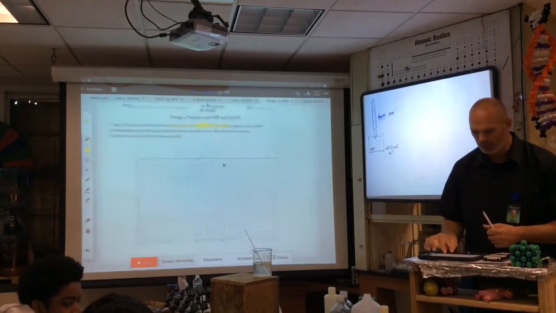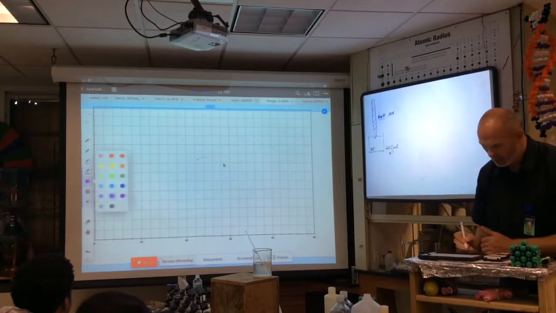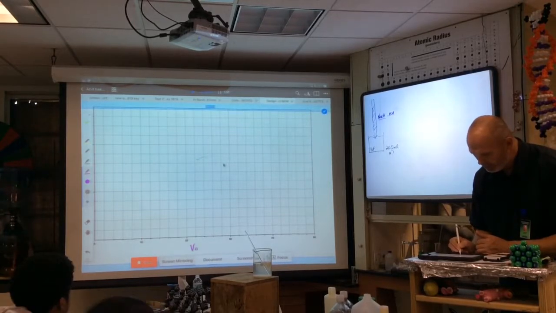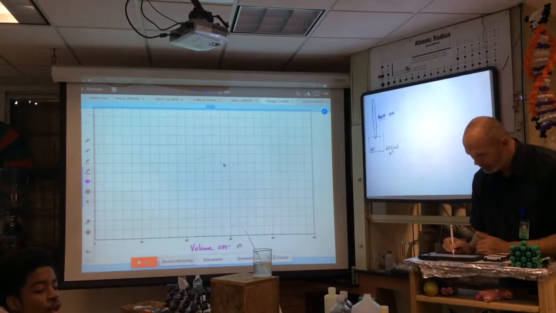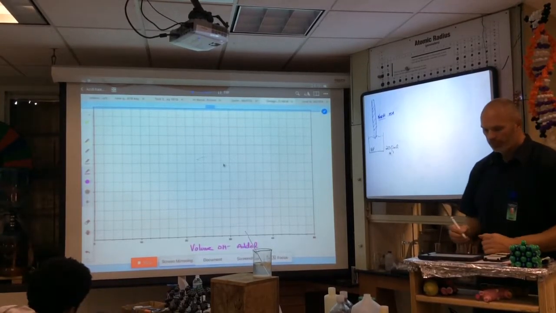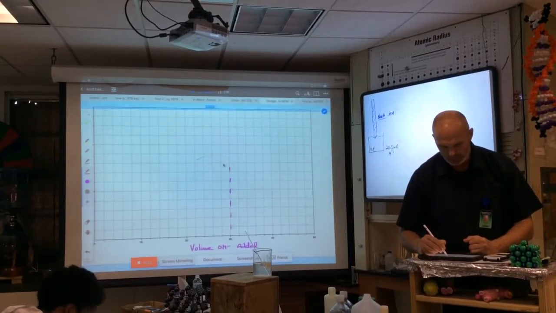So in my graph, a couple things I'm going to write to keep myself straight, to understand what's going on, is number one, that this is going to be volume of OH, strong base, added. So I don't get confused. And what do I know? 30 milliliters. On this 30 milliliters somewhere is going to be my equivalence point.